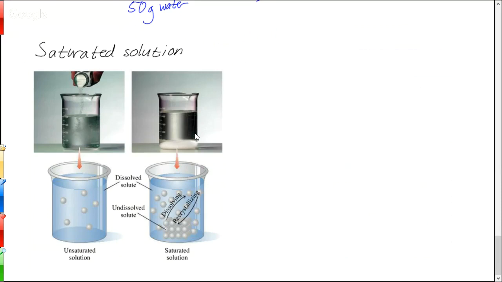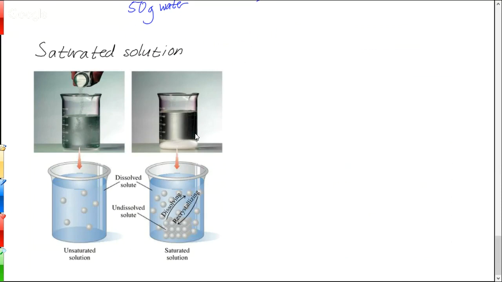It's not supposed to be perfectly clear because that's how it compensates and makes sure that it's always saturated. When you work with that in lab today, just make sure that when you pour it, you don't shake it up, just leave that stuff on the bottom and pour gently, and all the solids should stay on the bottom when it's supposed to. So that's how you make a saturated solution.